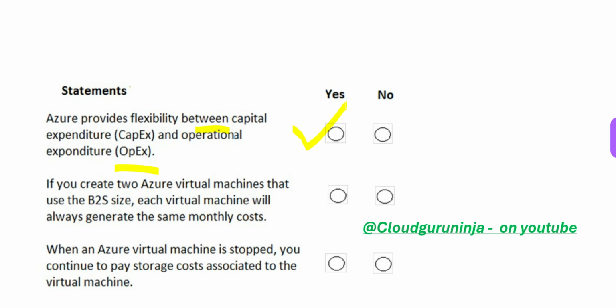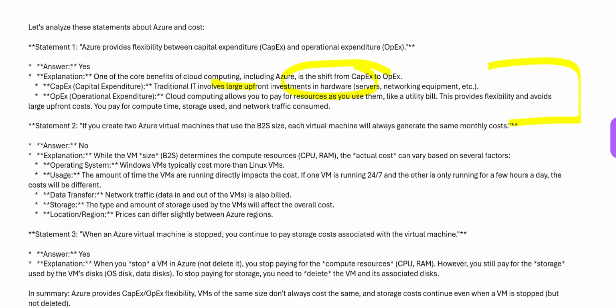The second one says if you create two virtual machines on Azure that use the B2S size, each virtual machine will always generate the same monthly cost. The answer in this case is no. Why? Because the VM size B2S determines the compute, CPU and RAM, but the actual cost can vary based on different factors. You may have different operating systems.